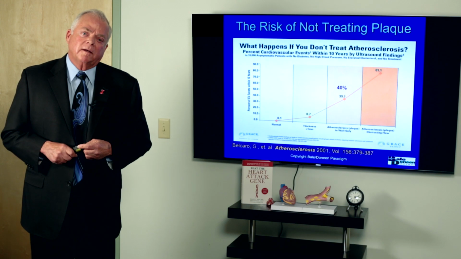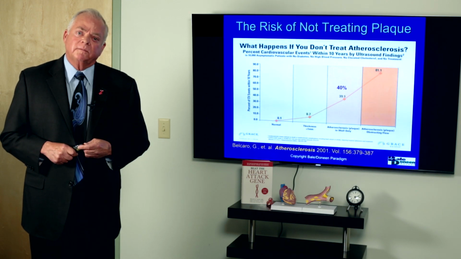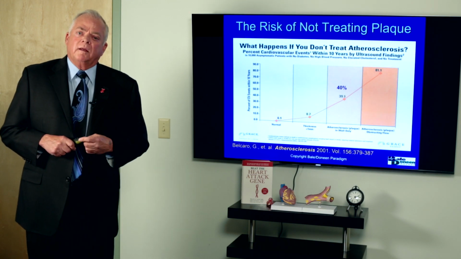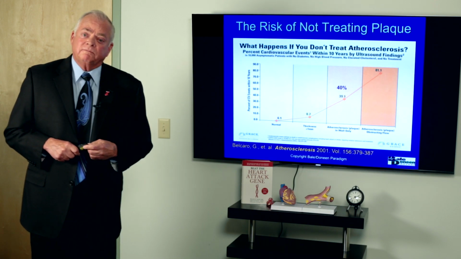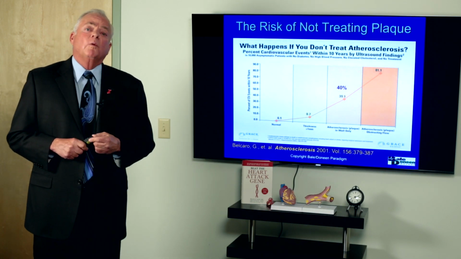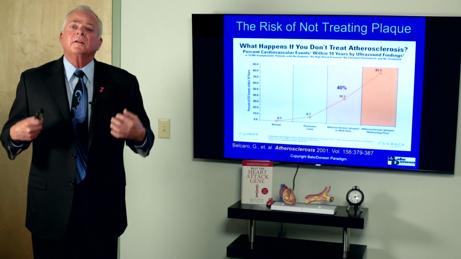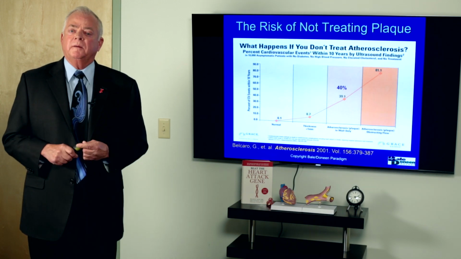So this study clearly illustrates a couple of important points. Everybody doesn't get cats in the gutter. As my partner, Dr. BaleDoneen, loves to state, arterial disease is getting more common, but it's not a normal stage of aging.